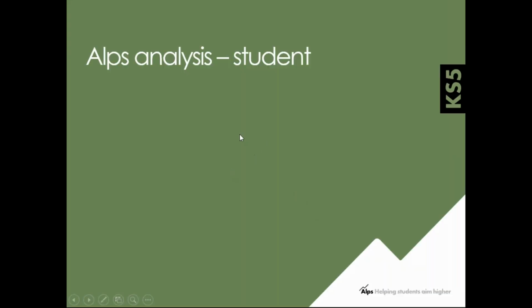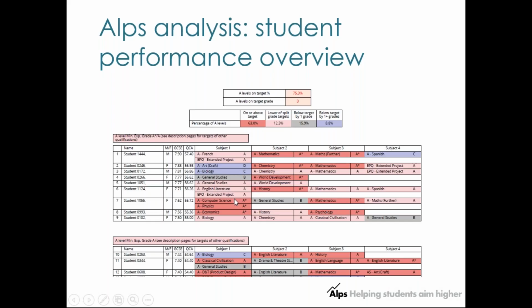Now we're going to look at the analysis by student. The Alps student performance overview gives you, by student and ordered in this instance by their average GCSE point score, the performance they gained in each of the subjects they took, and each subject is color-coded to show how they performed against their minimum expected grade.